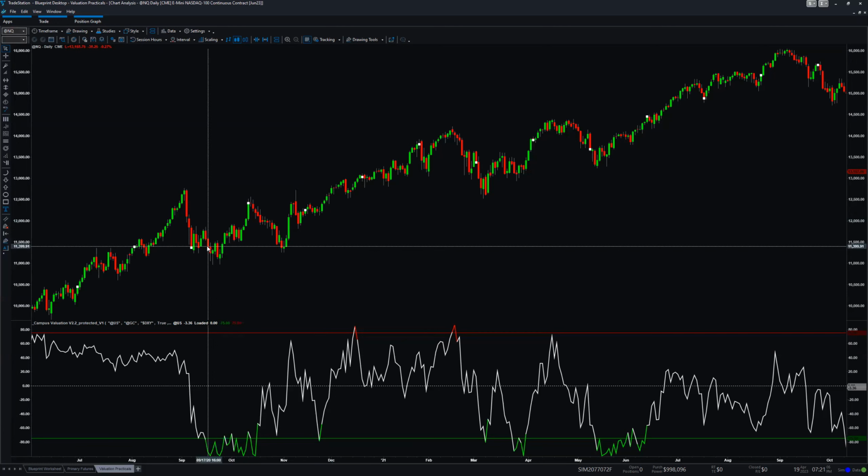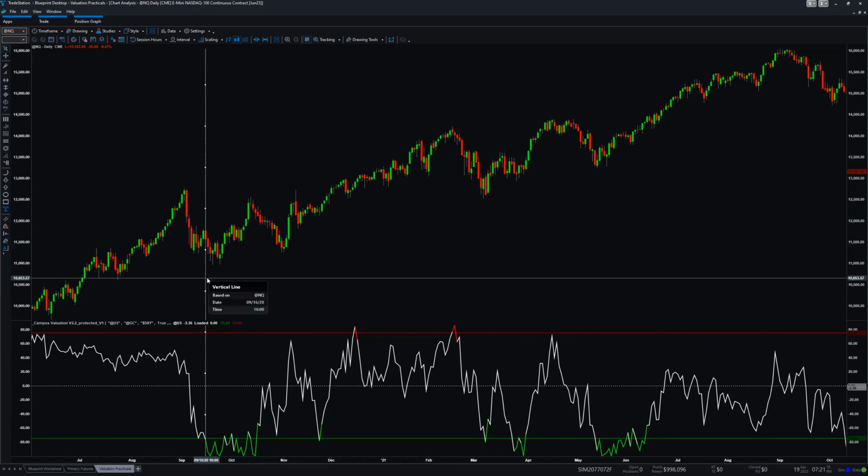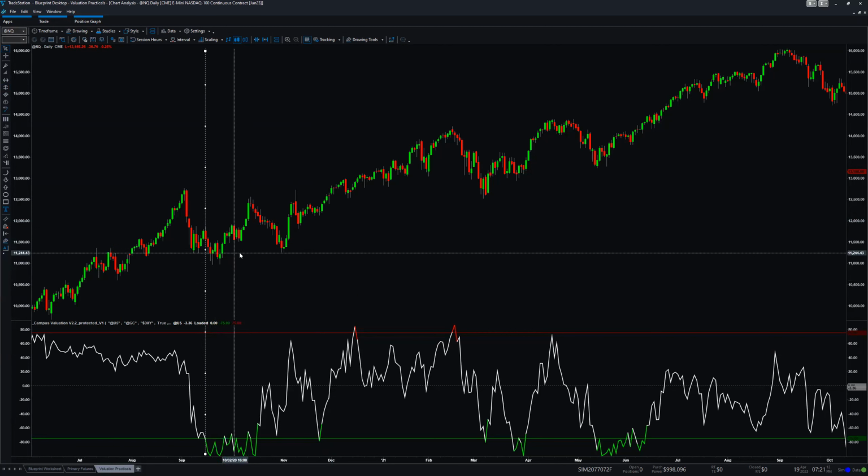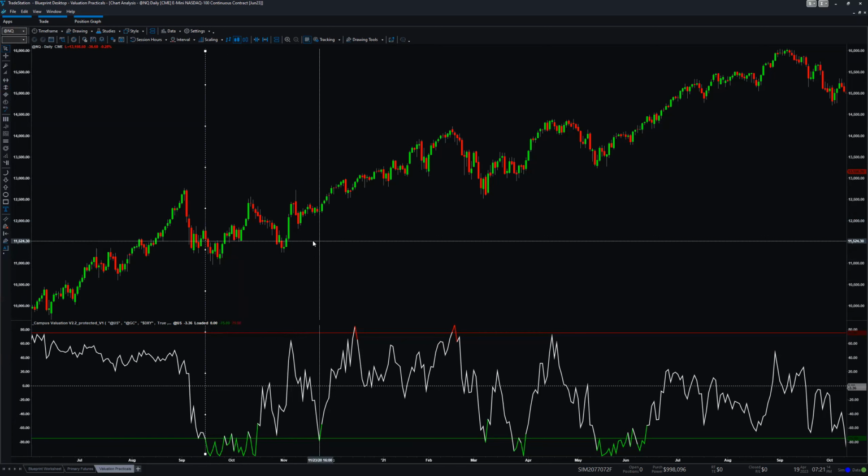So the readings that we're going to get here in terms of undervalued, we stay undervalued for a very long time, and then eventually price just absolutely takes off. Here price rallies, and then there's the very rare setup where price rallies and we're getting undervalued. Really have to pay attention to that.